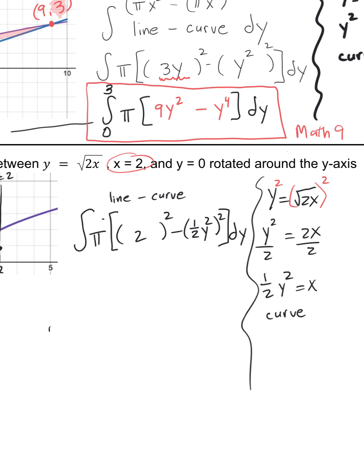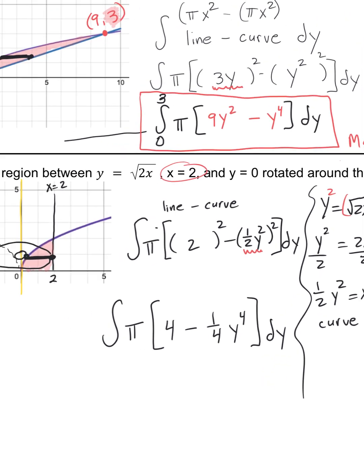I'm going to simplify that. Right here, 2 squared easily becomes 4, much easier to plug into our calculator. Over here, everything in that parentheses gets squared. So 1/2 squared is 1/2 times 1/2. That gives us 1/4 y to the 4th, and then dy.